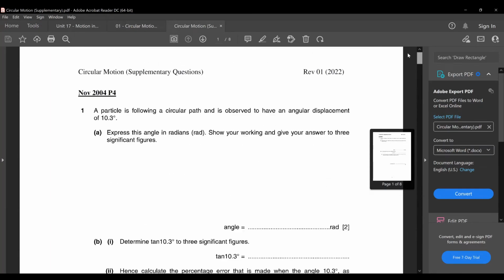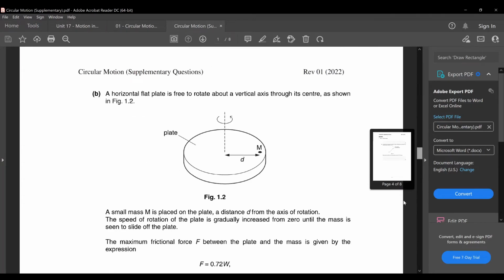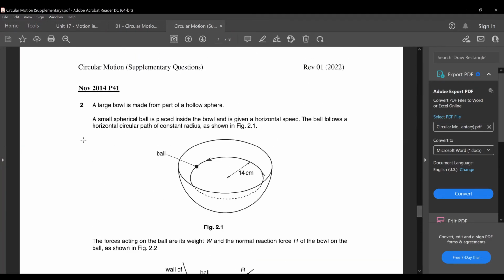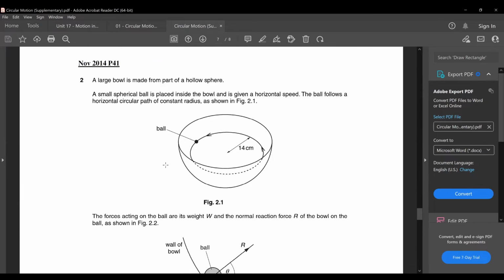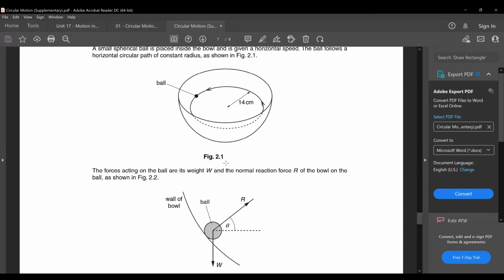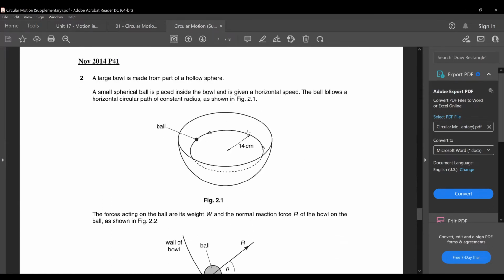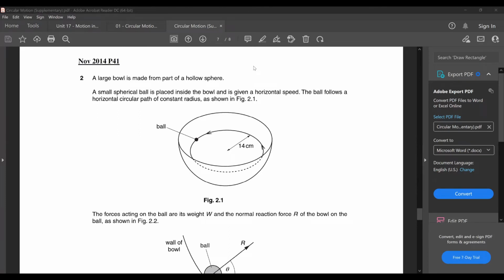The standalone questions don't usually come out. It's very rare. That's why you see there aren't that many questions in this worksheet. But they do come out occasionally. And actually, the last time the standalone circular motion came out was in November 2021, quite recent.